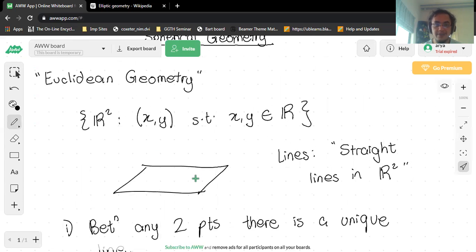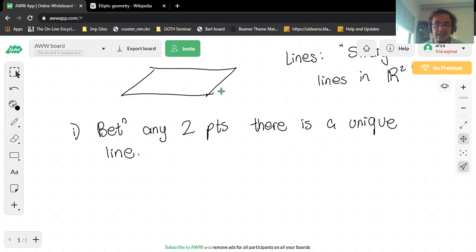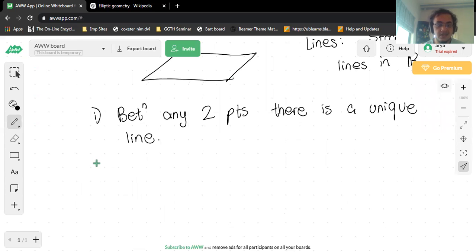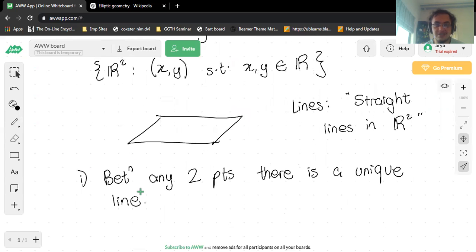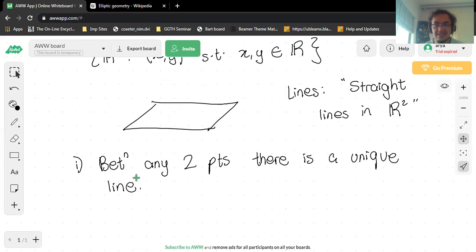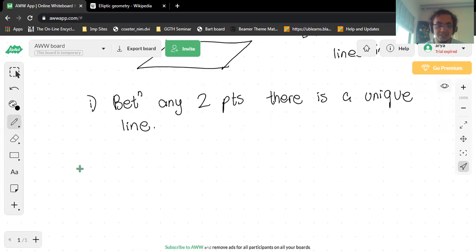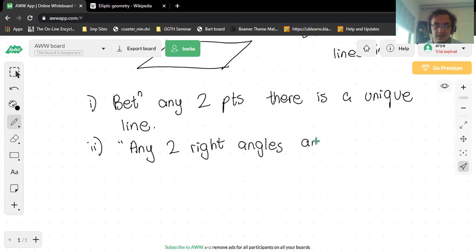The way Euclid defined Euclidean geometry is by stating certain axioms. Firstly, he said that the points we are working with are points in R2, and our lines are straight lines. And then there are some properties, like any two right angles are equal in measure.